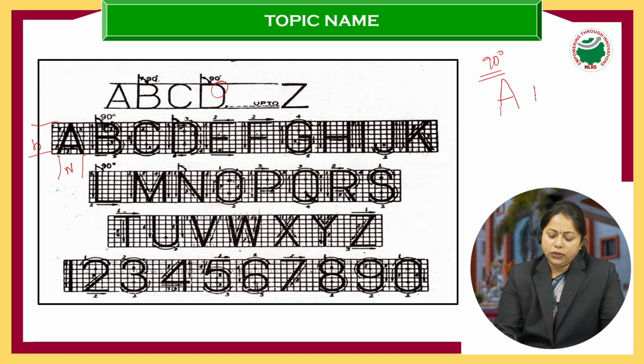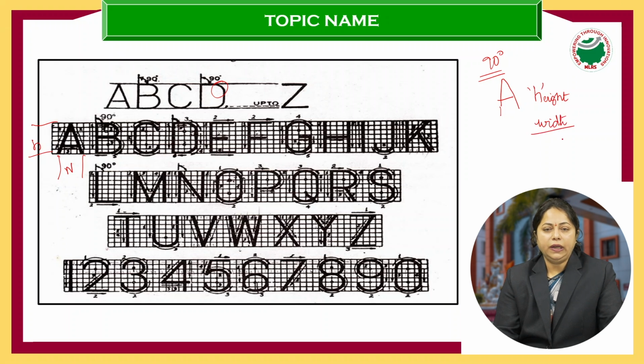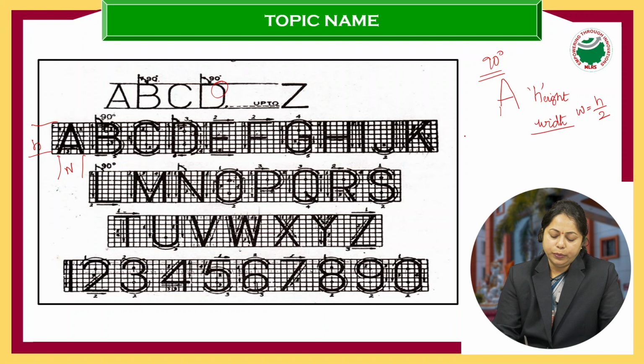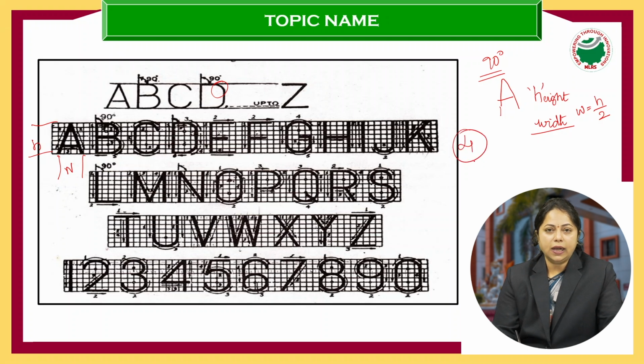So when we do lettering, there are two important parameters. One is the height of the letter and the other is the width of the letter. Generally, the width can be half of the height. For engineering students, you can pick the width as half of the height. For example, if 4 is the height of the letter, 2 can be your width. Now, what is 4?